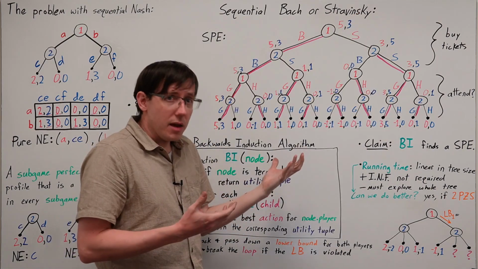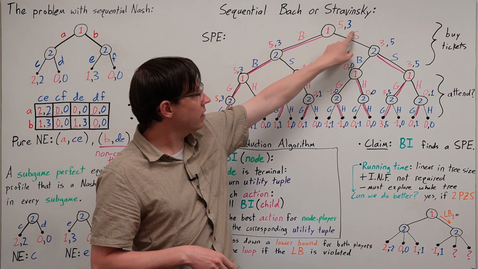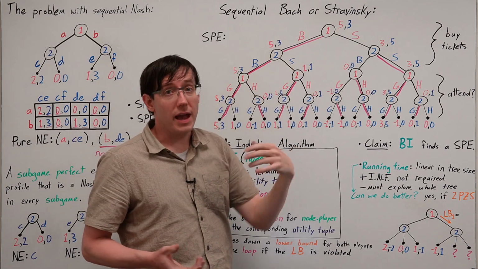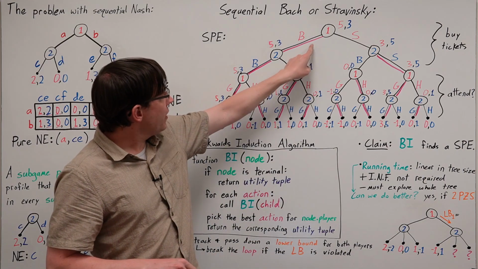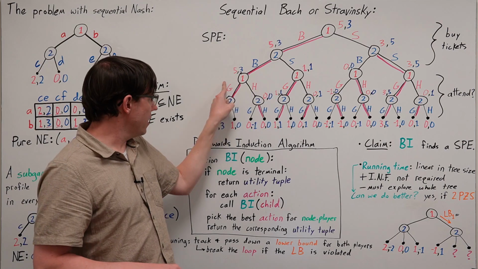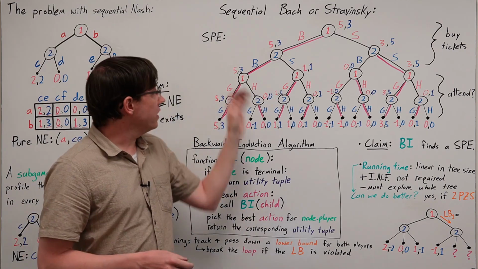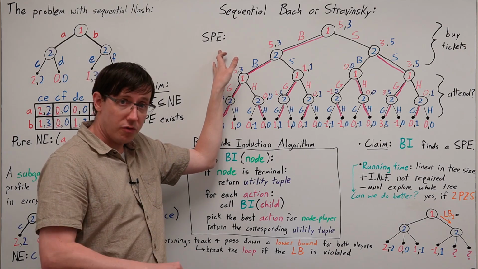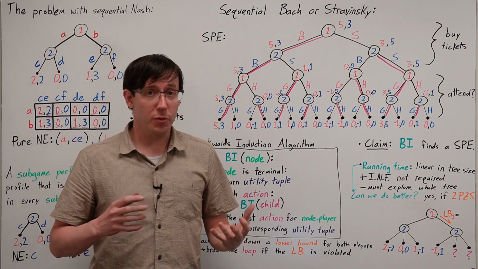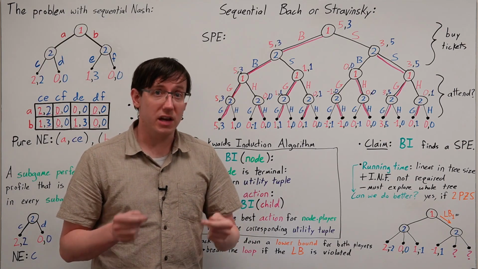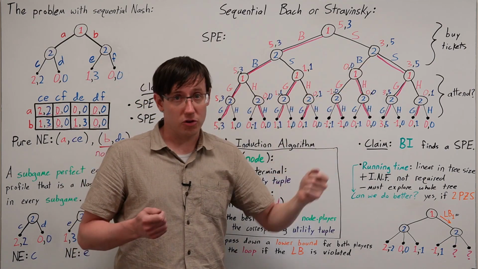And so in this game, the subgame perfect equilibrium gets the players utilities of 5 and 3, and the actions that happen in the subgame perfect equilibrium are that they both buy tickets to and attend the Bach concert. But to write out the subgame perfect equilibrium profile, we have to specify the full strategies for both players, and the strategy involves the player's decision at every node where they can make a choice.